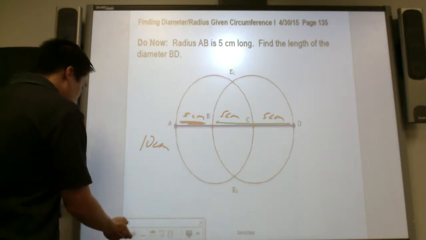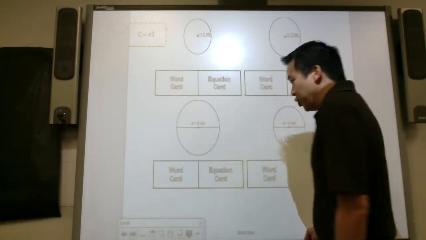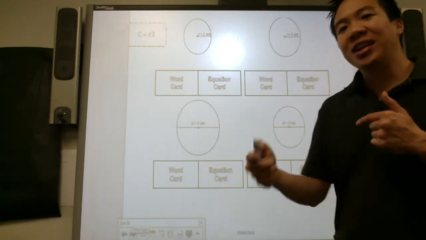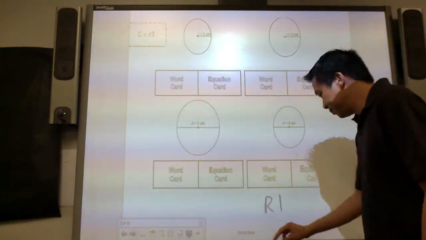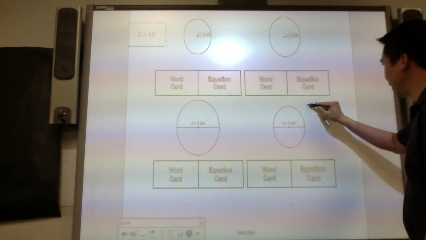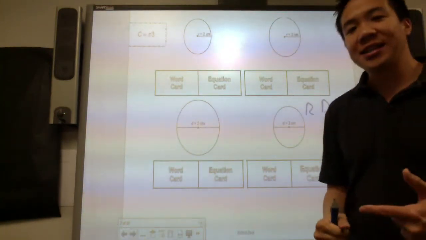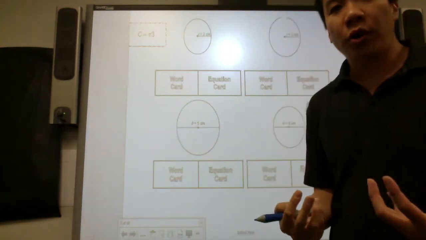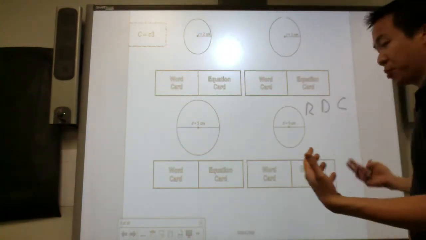All right, let's continue our lesson. So, before we continue, what do you remember about RDC? Let's write it right here. R, D, and C. What does each one of these variables, or mnemonic device, represent?